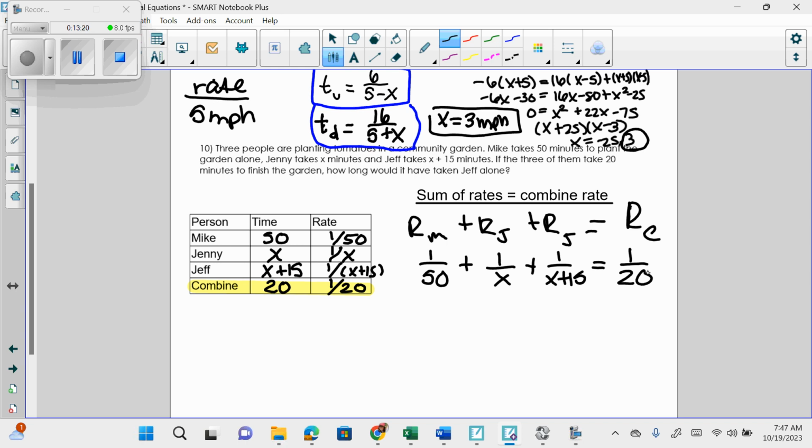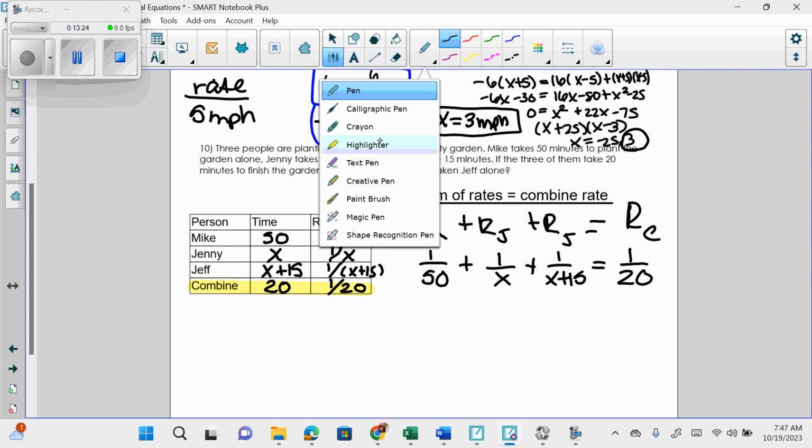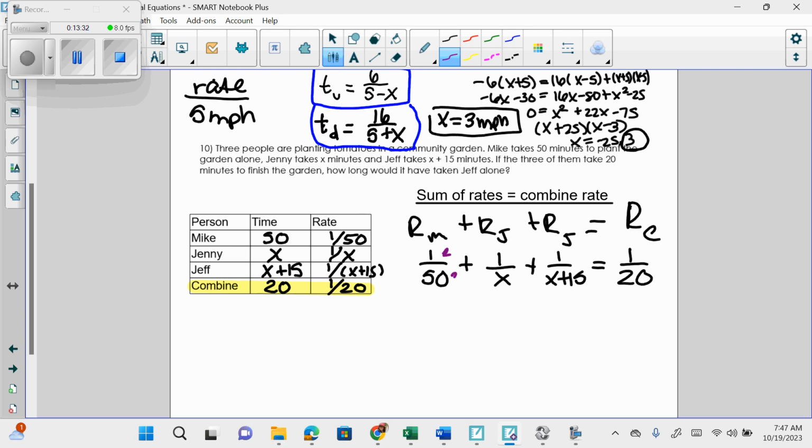So I'm going to get everything over a common denominator again. I'm going to multiply this by 20x and x plus 15. I'm going to multiply this by 100.